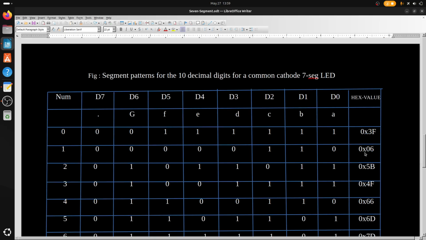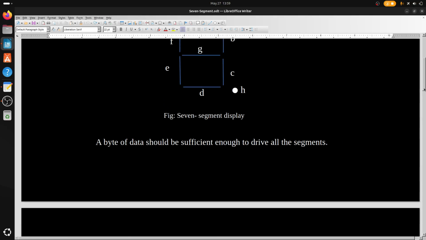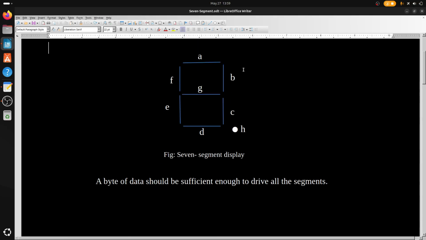And how you obtain these values: for writing 0, you have to turn off lead D7 and D6, that is leads G and H. Turn off G and H, then you get zero, because A, B, C, D, E, F will be turned on and will form 0, right?